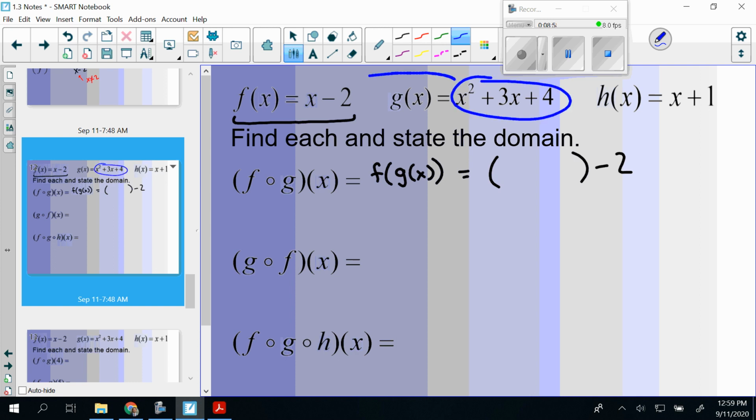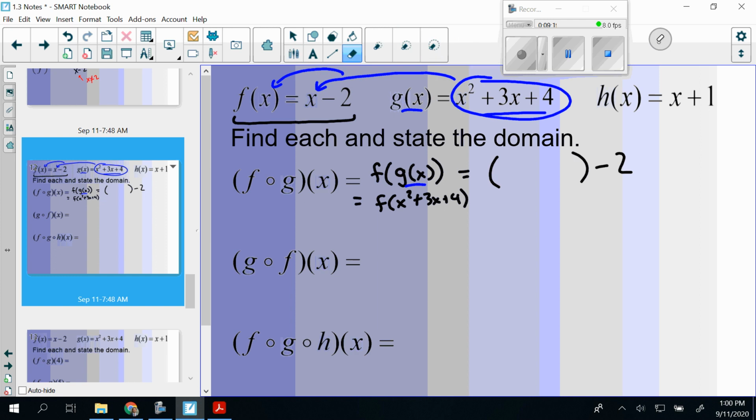So this whole function is going to end up replacing our variables here, because f composed with g, we know function g right here is also this, so it kind of becomes like f composed with this function inside of it. So you got to replace all the x's with that whole function.